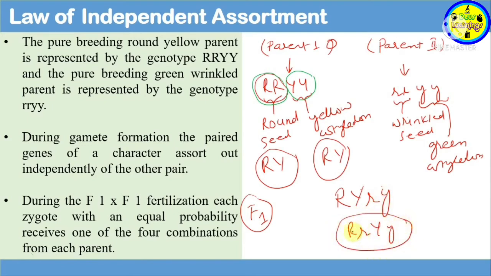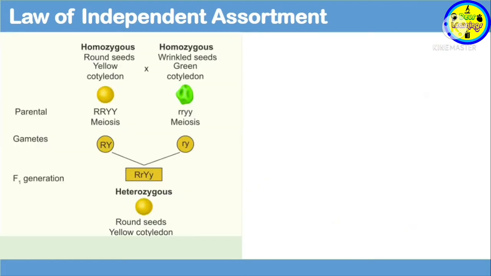And if you cross the F1 generation again, each one will segregate in an independent manner, so it will be independently assorted. That's what the concept wants to explain. So we produce the F1 generation with a heterozygous dominant condition, already given.